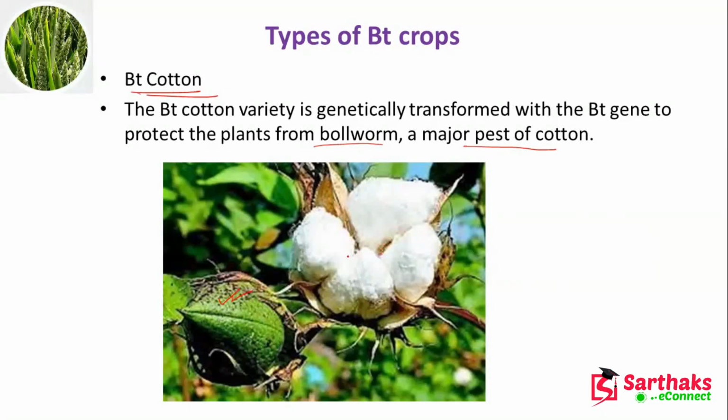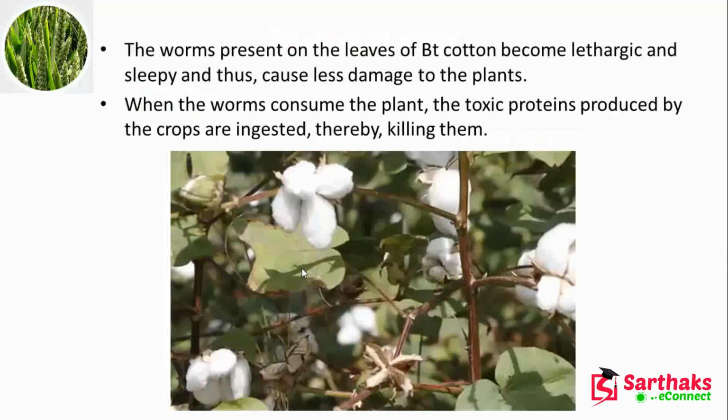Now, whenever it grows, at that time the bollworm insect will affect it. So the BT cotton is genetically transformed with the BT gene to protect the plants from the bollworm. So we may control this type of pest.